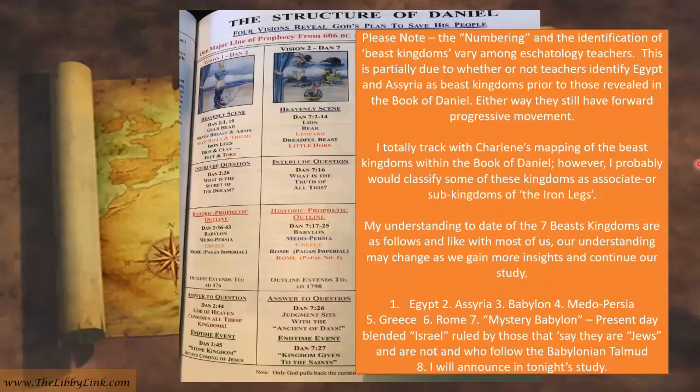So my personal understanding to date of the seven beast kingdoms is as follows. And like with most of us, our understanding may change as we gain more insights and continue our study. So these are the seven beast kingdoms as I understand them today. But at the same time, I totally agree with how Charlene is laying them out in the book of Daniel and these sub-kingdoms, if you will, of the iron legs.